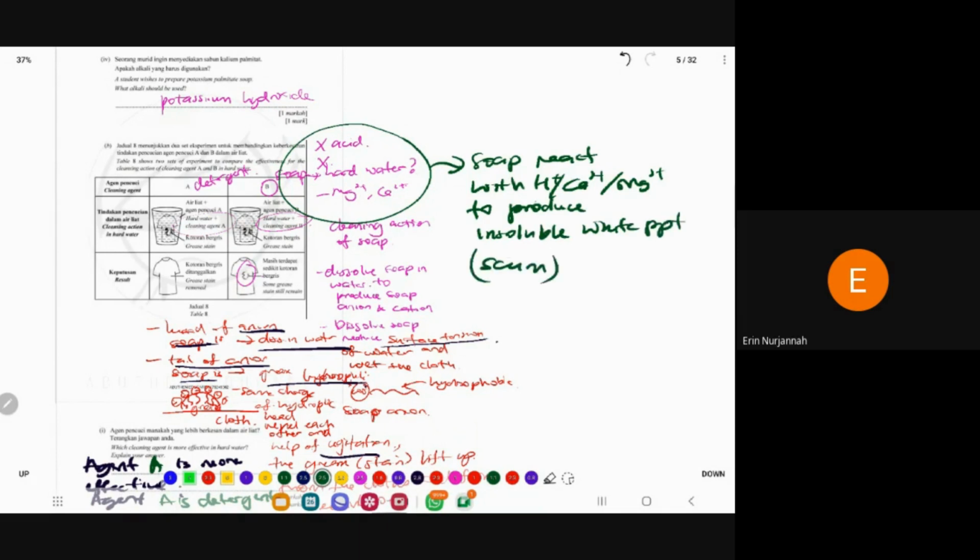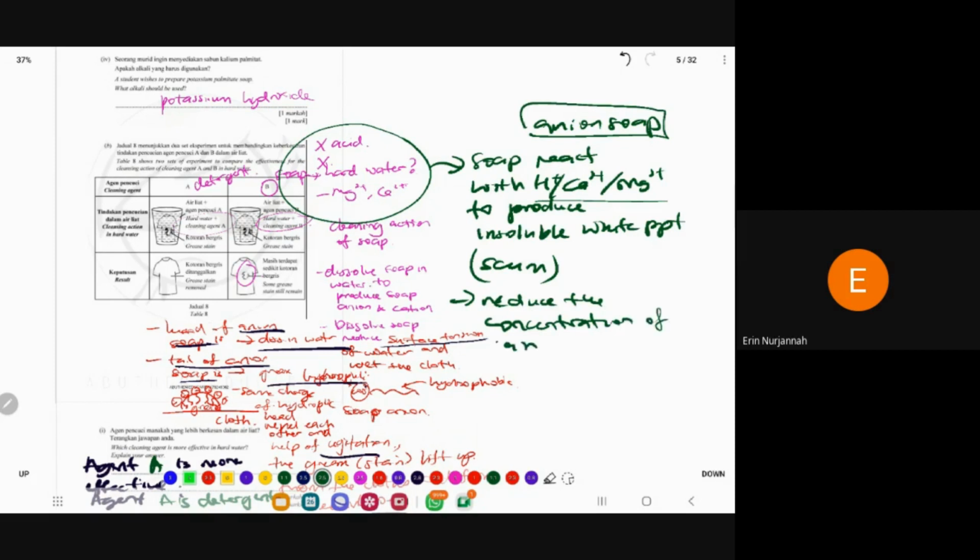Who is the one that reacts with them? The soap anion. So this will reduce the concentration of soap anion available for cleaning action.